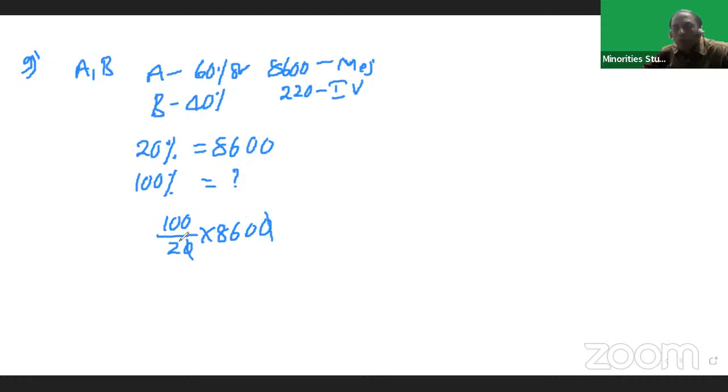The 0 cancels. 2 ones are 2, 2 fours are 8, 2 eights are 16, so 430. 100 into 480 is 48,000. This is only the valid votes.